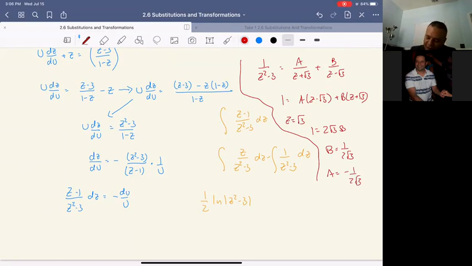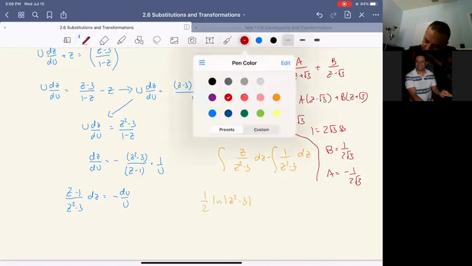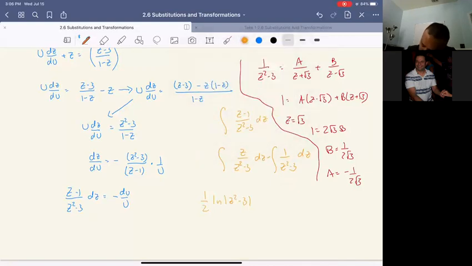Okay? So this integral is going to be 1 over 2 root 3 times the natural log of z minus root 3 plus natural log of z plus root 3. Okay?